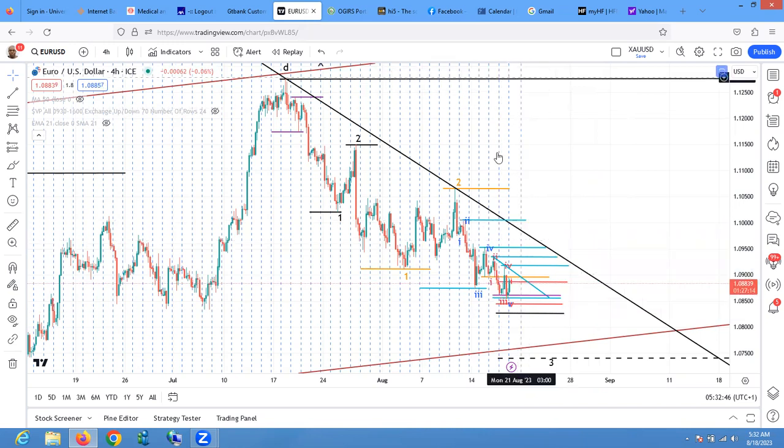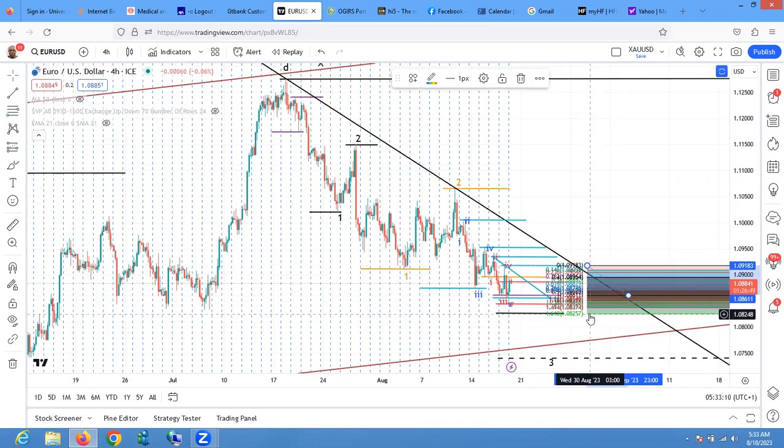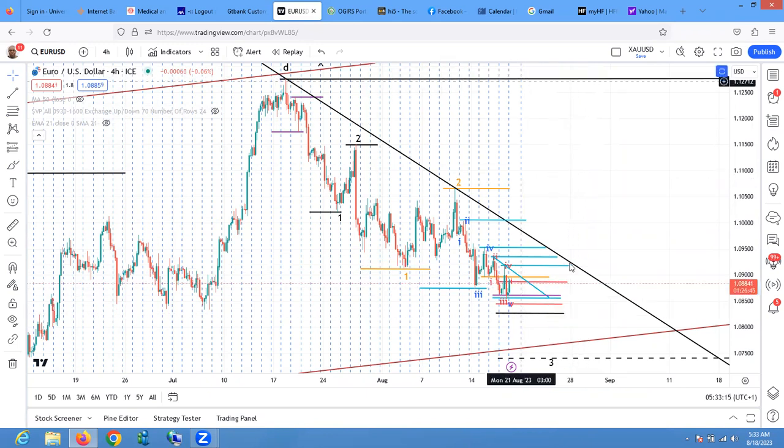Now looking at the red wave, if from this purple to this blue here will be 4, where do we expect 161.8 to terminate? From that purple to the head of this 4, the 161.8 also terminates the same way. So it's the bus stop, the total bus stop.